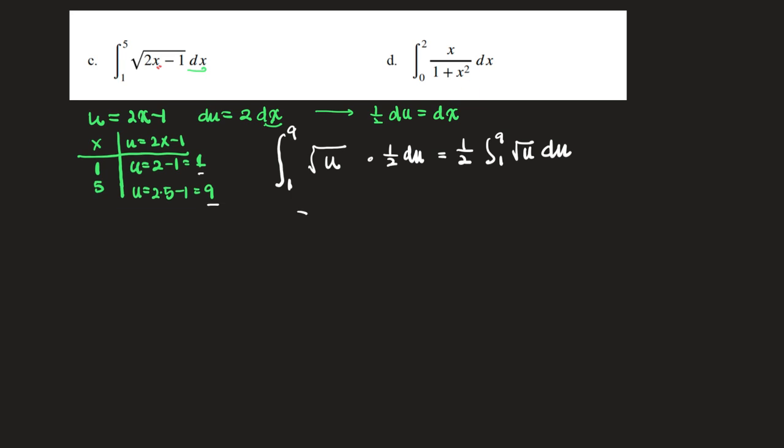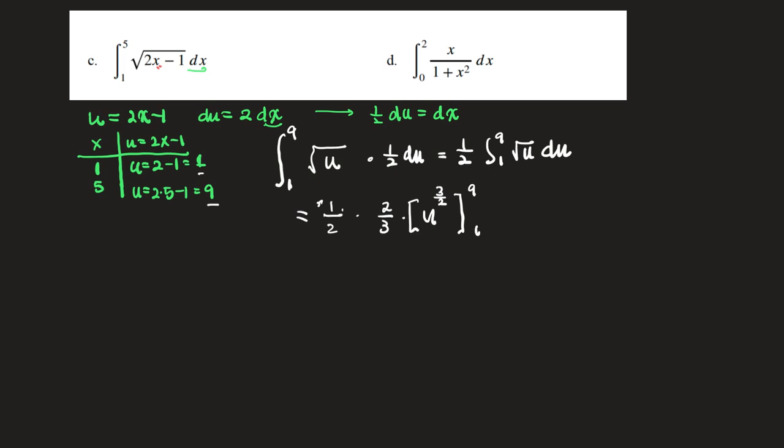So we did this one as an indefinite integral. Now we're going to find the antiderivative, 3 over 2 u. Oh no, I'm sorry, guys. 2 over 3 times u to the 3 over 2, from 1 to 9.